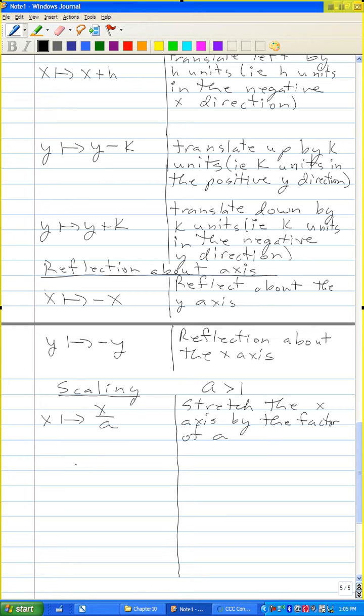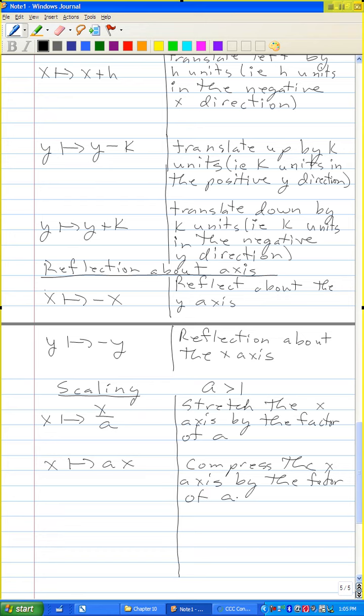Okay. Suppose I replace x by ax, then I will compress the x-axis by the factor of a.